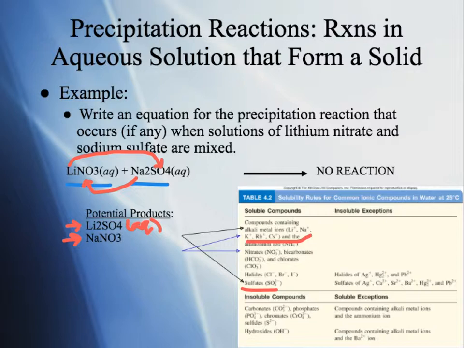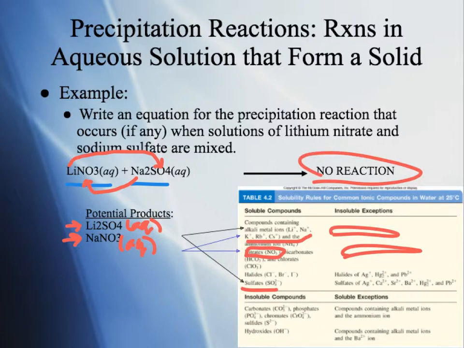Now sodium nitrate, again, nitrates are soluble. There's no exceptions. And sodium is part of the alkali metals, and there's no exceptions there either. So this guy, again, is also AQ. So we're not going to have any solid products here. So we have to write no reaction.